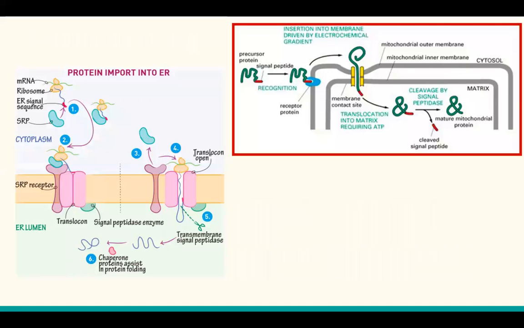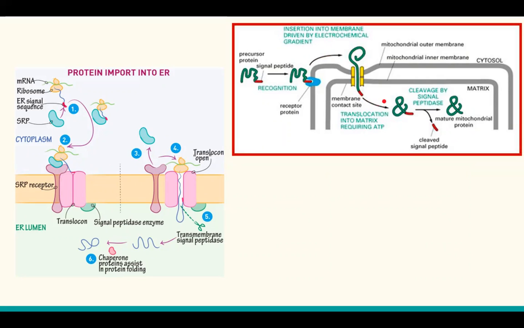And then it'll fold on its own. So in this diagram, it looks like while the mitochondrial protein is being made, there's a protein that recognizes the N-terminus signal sequence and pulls it towards the mitochondria, and then it gets threaded through there.